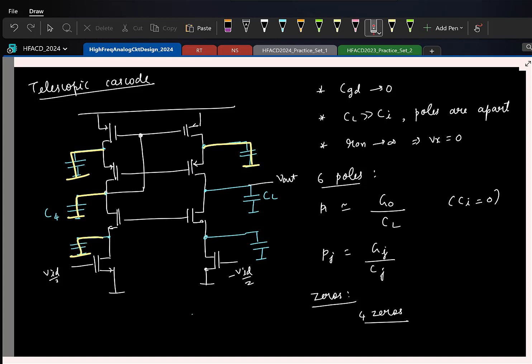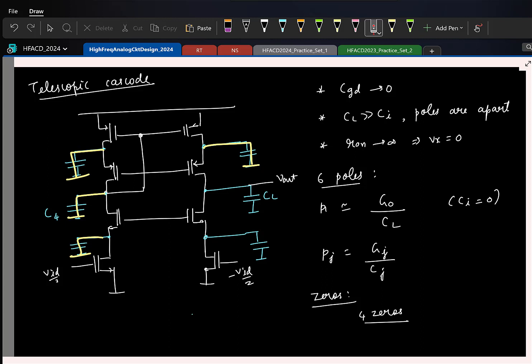But that is okay because we'll still have a small signal current due to this one. The idea is I don't want the output to go to 0. If it is not 0, it is okay. So these are the 4 capacitors I can short.